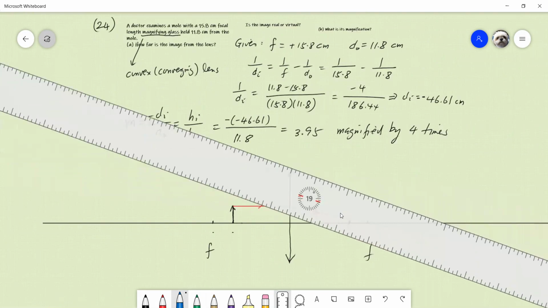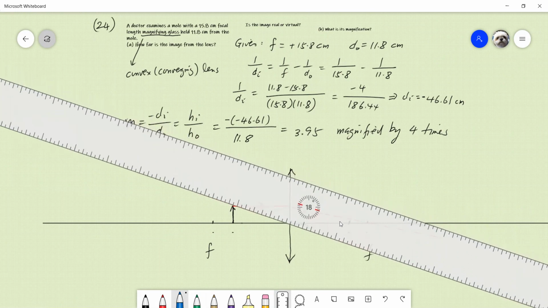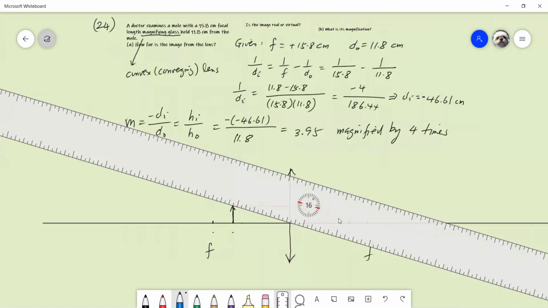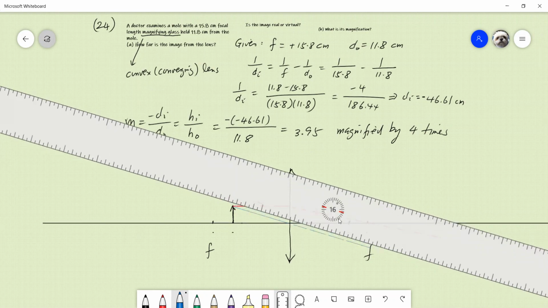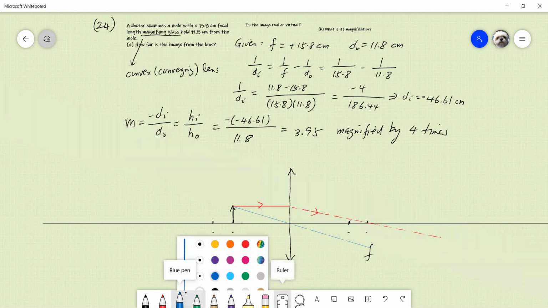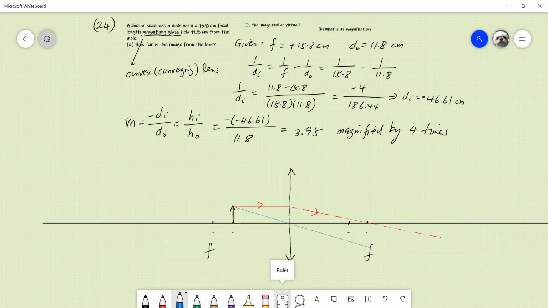Again. Then they're gonna pass straight through out, right?